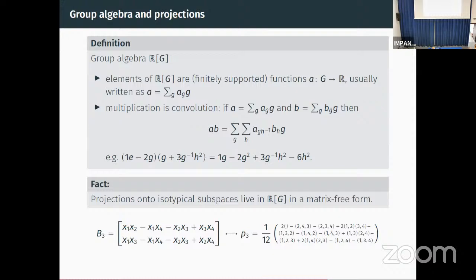This is a long expression. You can verify through previous computations by hand or by running it through a computer that this is a projection, so p squared is equal to p. So I can compute them without knowing anything about the basis, and only at the very end you give me a basis to get the matrix projection.